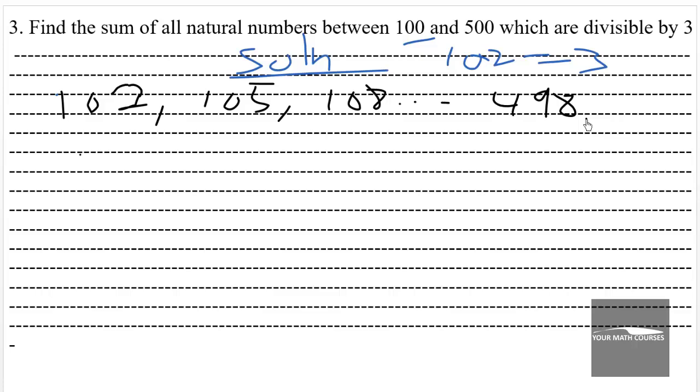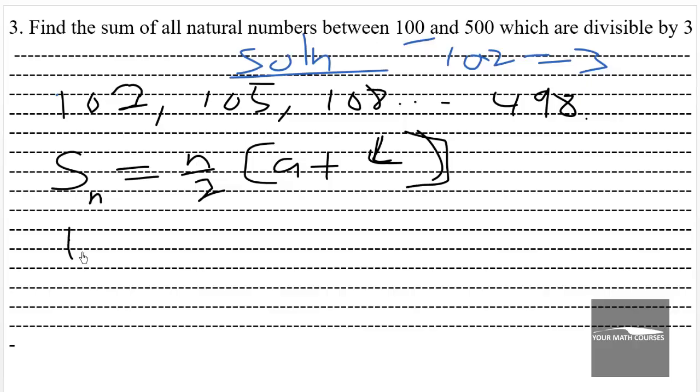So the sum of n terms, S n, is given by n over 2 into bracket the first term a plus the last term l. So we need to find the number of terms in this sequence. How can we find that?